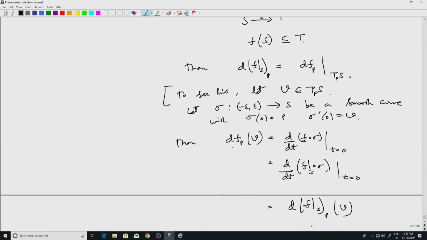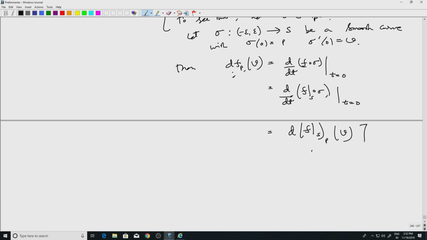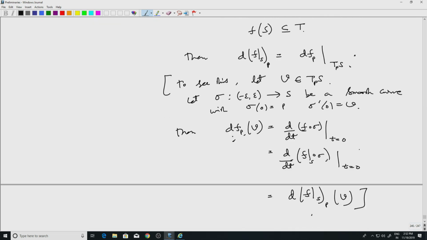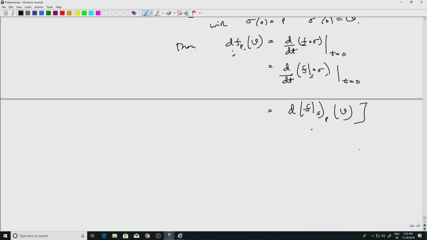The right hand side here is the same as the left hand side. So that's the reason why that happens. In short, when I have a submanifold and I want to look at the restriction of a smooth map, I can either restrict and then take the derivative, or take the derivative and then just restrict it to the tangent space to the submanifold.